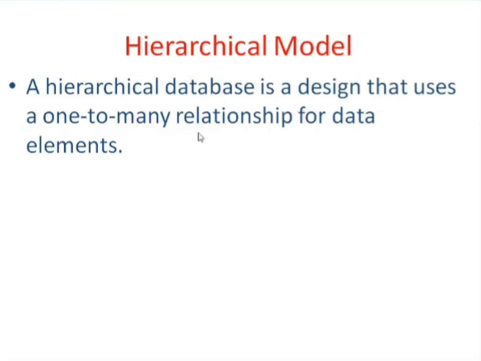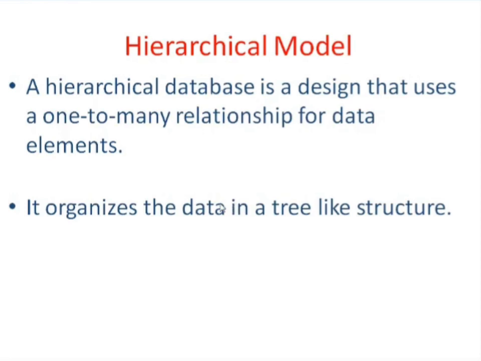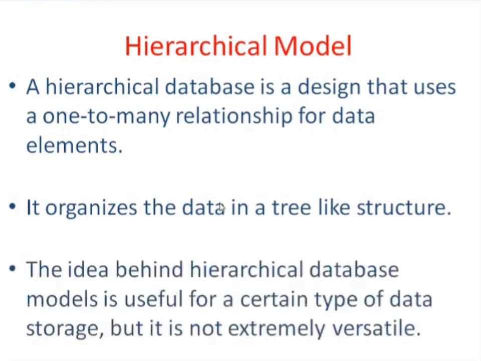The same applies here. From one node, we can have many child nodes, one to many. But you cannot have many to one or many to many. You can have one to one. So normally, hierarchical means you need to have a one-to-many relationship.